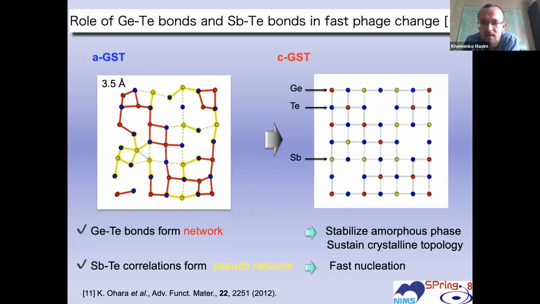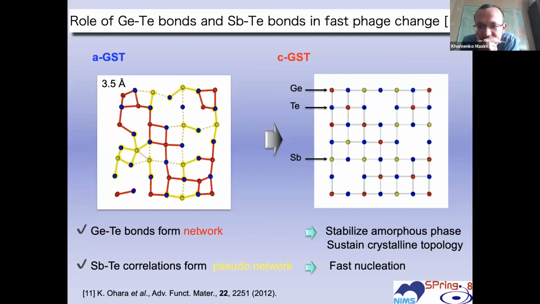Another part of the question is, could we understand these four-fold rings as a heterogeneous crystallization? I saw a word in your presentation that these are the precipitates for crystallization. Is that right?